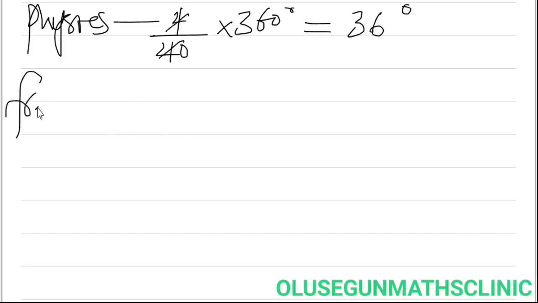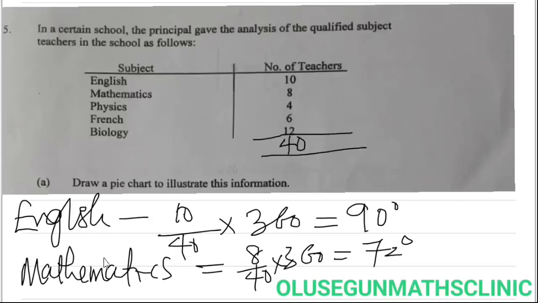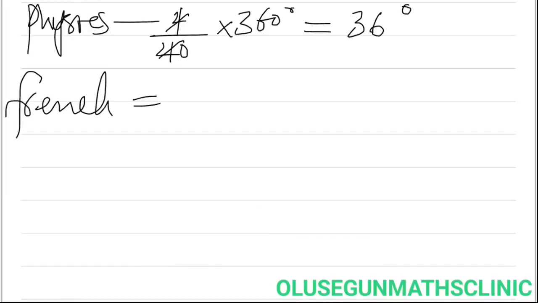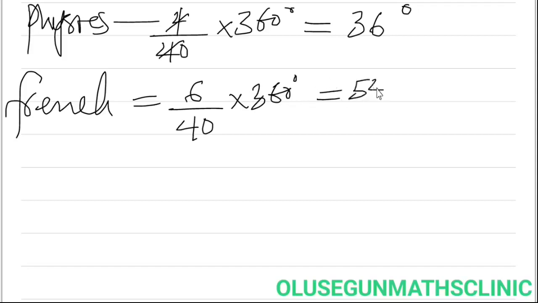So we have also French. This is the way we represent figures in a pie chart. In French, we have 6. So you have 6 over 40 times 360 degrees. That is 54 degrees, by the time 40 divides, that is 9.